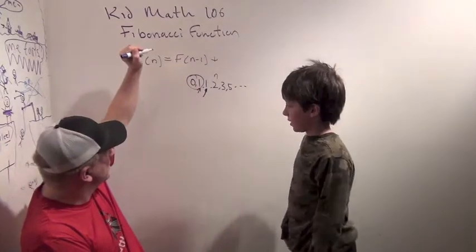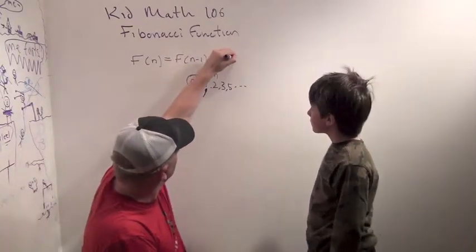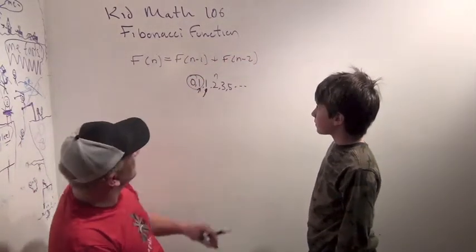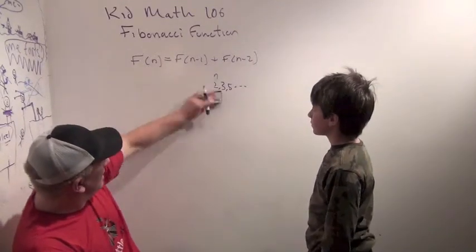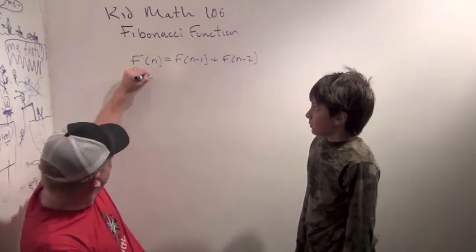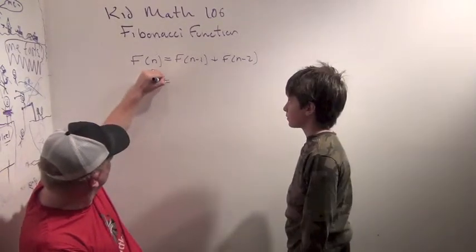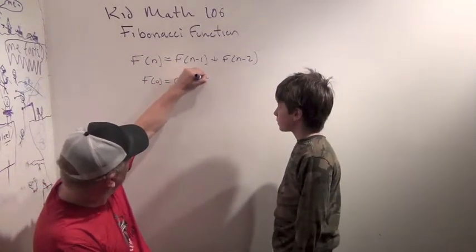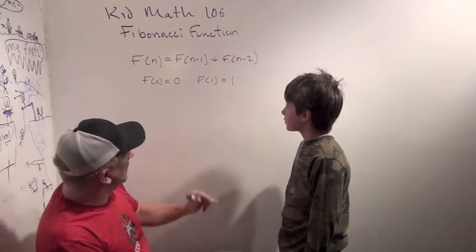So f of n minus 2. So this defines a function that we call the Fibonacci numbers when we start with f of 0 equals 0 and f of 1 equals 1.